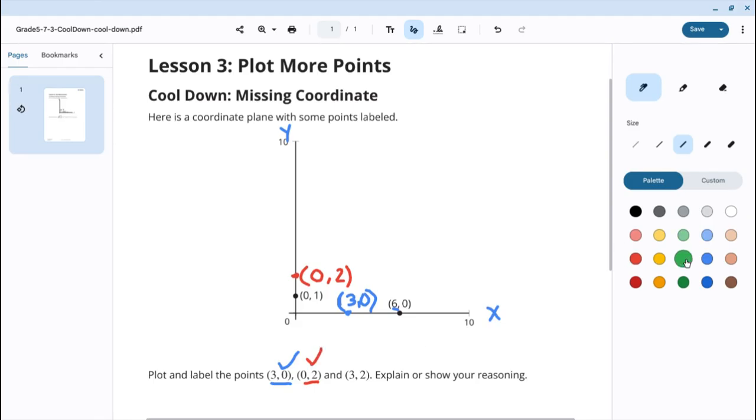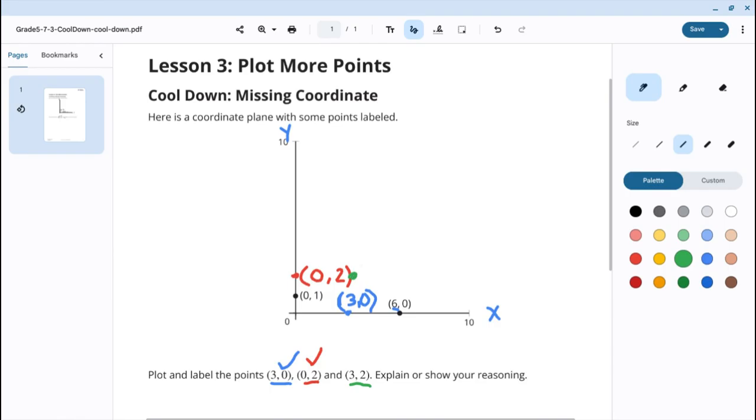Now I'm going to switch to a nice green color, and this time we are going to travel both over and up. Notice from the origin we are going to go over 3. Well, that corresponds to what my blue point was, but now we're going to go up 2. Well, that corresponds to how far up my red dot was, which really is not a dot, it is a coordinate point.